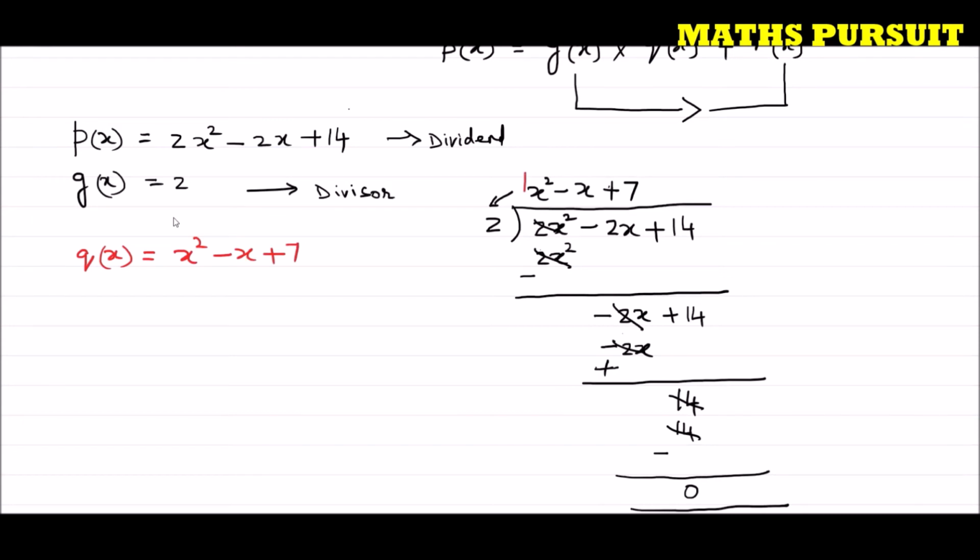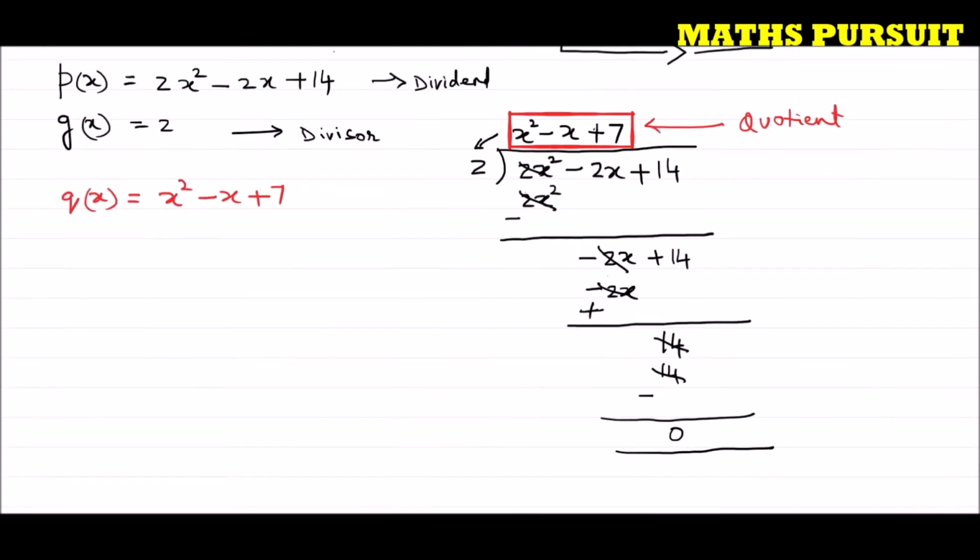Guys, this is our qx or quotient that we got, and we got the remainder as 0.